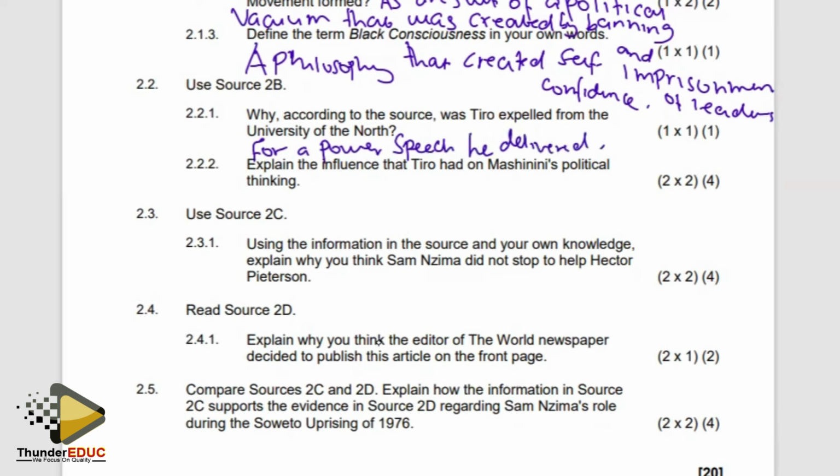Explain the influence that Tiro had on Mashinini's political thinking. All right, Tiro shared his knowledge about BC with Mashinini.